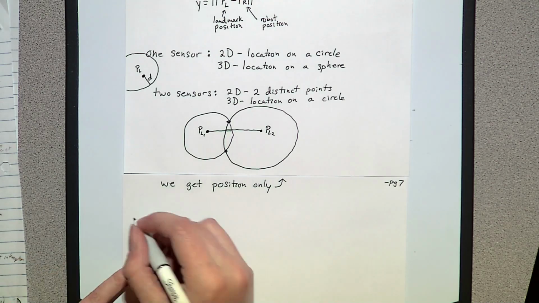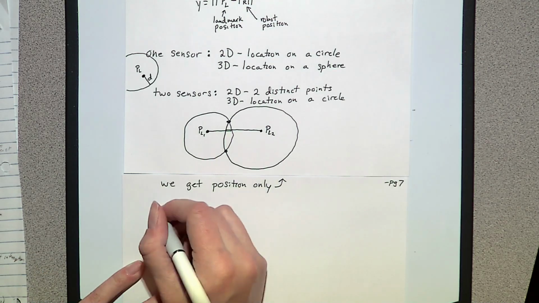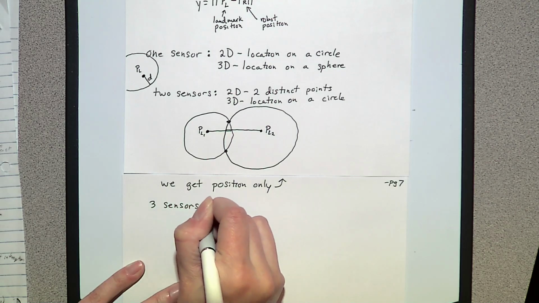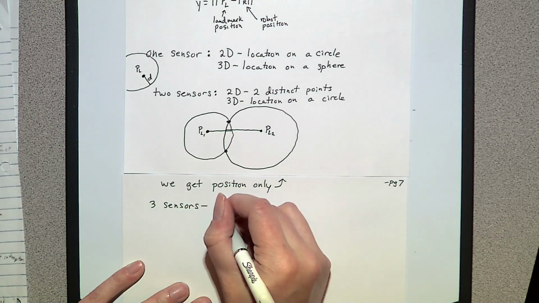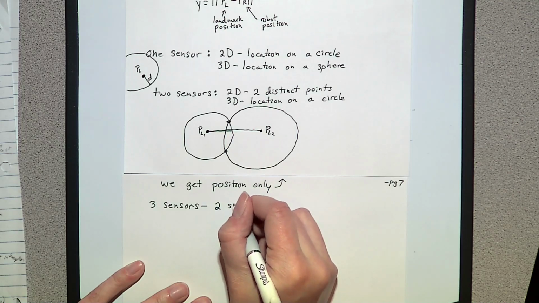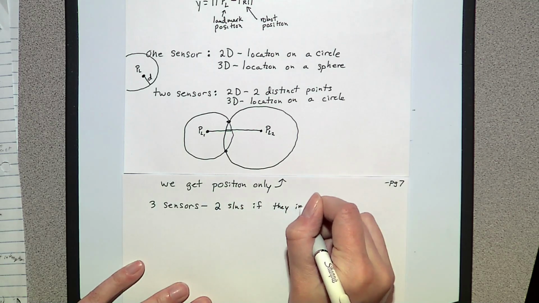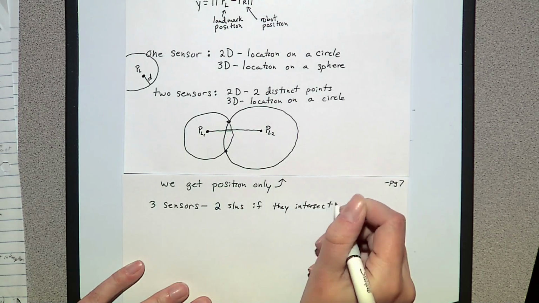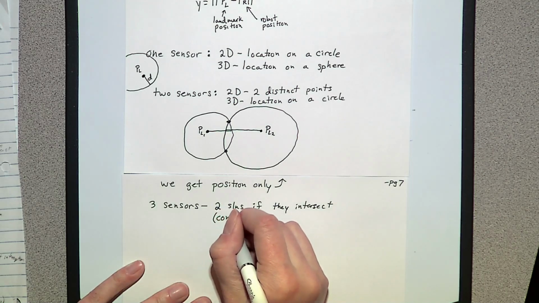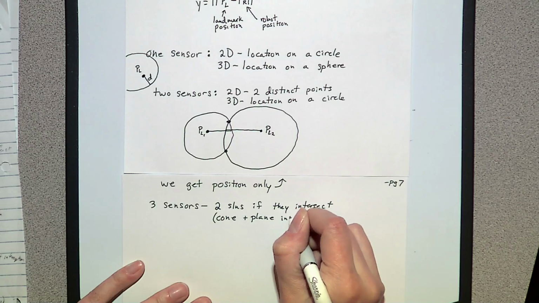So what if we had 3 sensors? Then in the 3D case, we have two solutions if they intersect. And actually what you get is a cone and plane intersection.